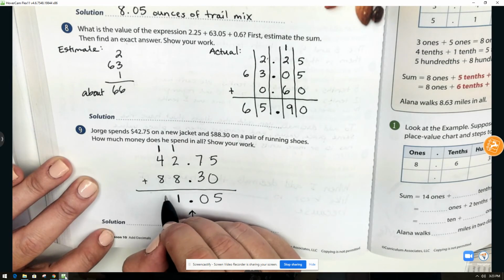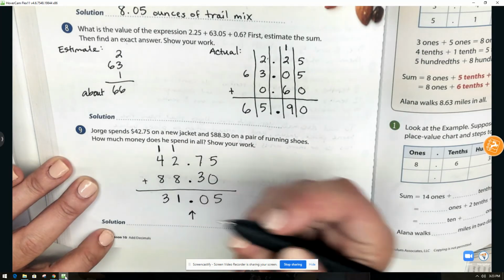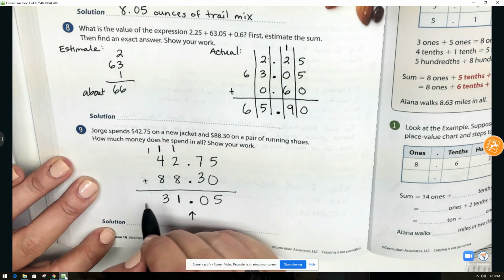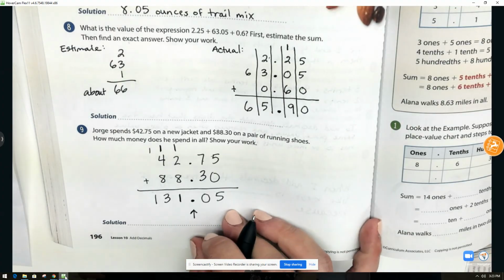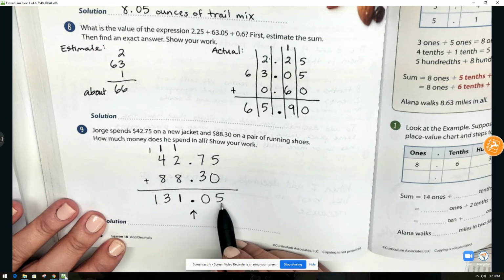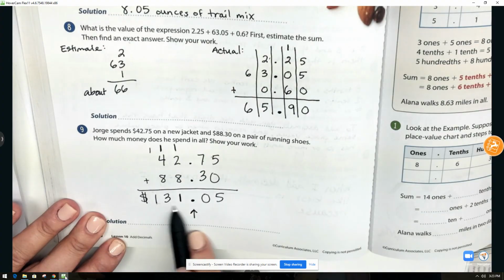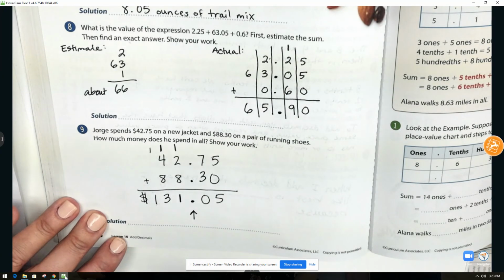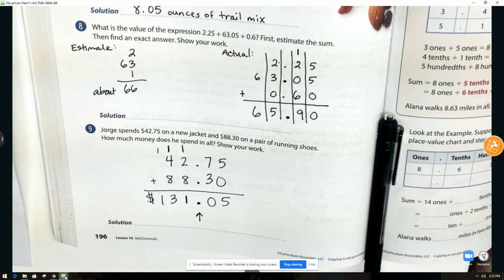So we can't have 13 tens. So we're going to put a 3, and then technically we carry the 1 for the 100, but we don't need to do that because we know we can just write that 13 like that, and that means we have 100, 3 tens, 1 one, 0 tenths, and 5 hundredths, or Jorge spent $131.05.